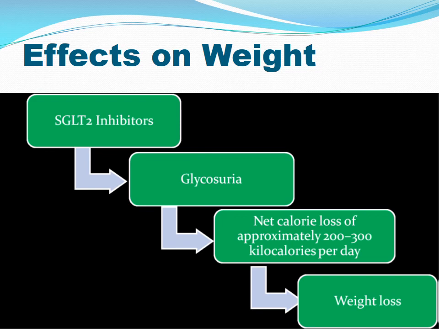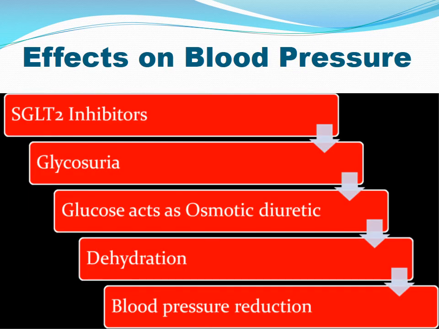Effect on blood pressure. They also have a beneficial effect on blood pressure. By producing glucosuria, glucose acts as an osmotic diuretic, leading to dehydration and reduction in blood pressure.